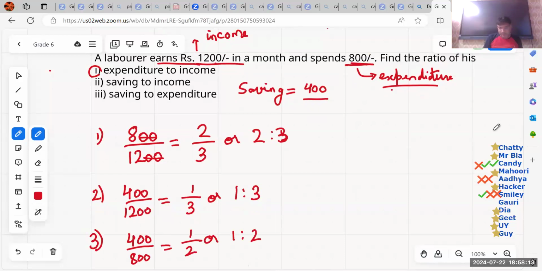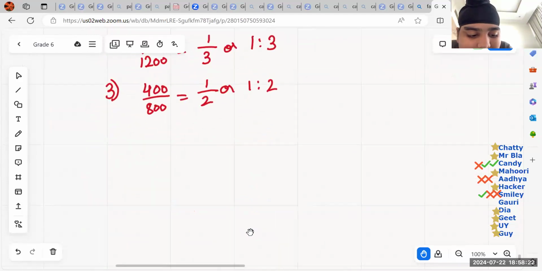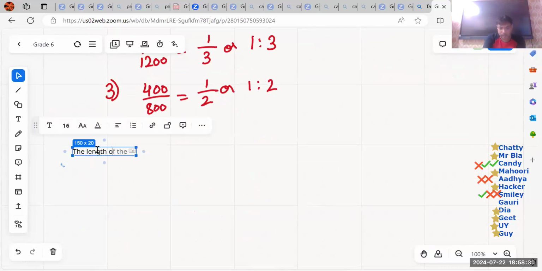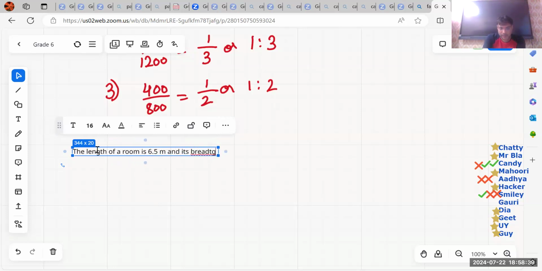So guys, why are we taking so much time? The length of a room is 6.5 meters and its breadth is 3.9 meters.